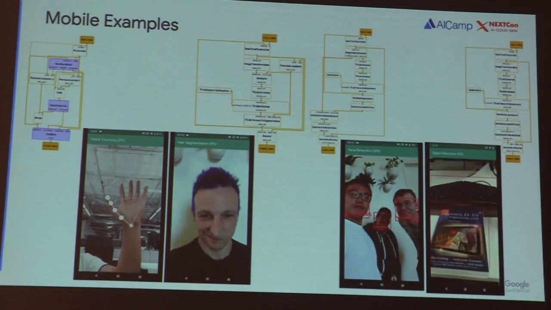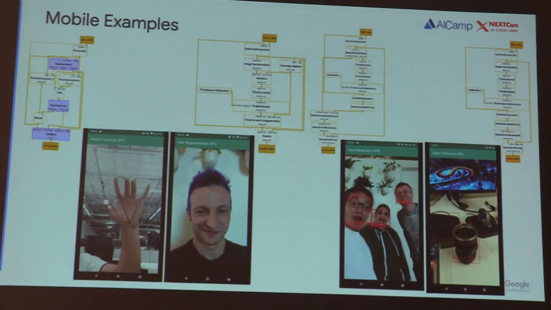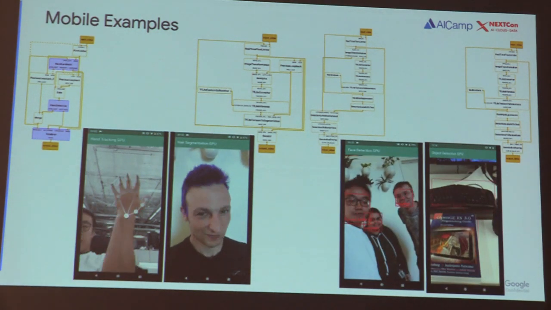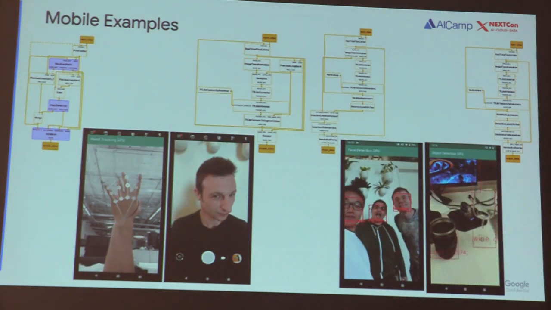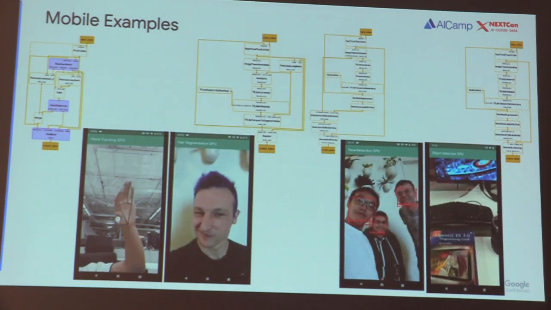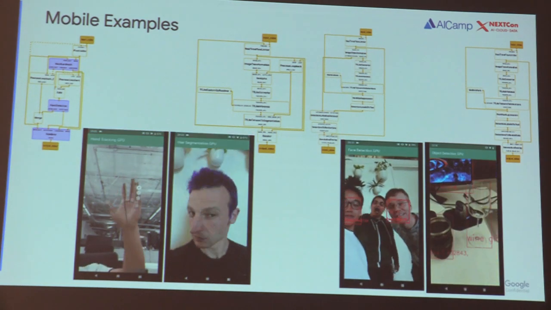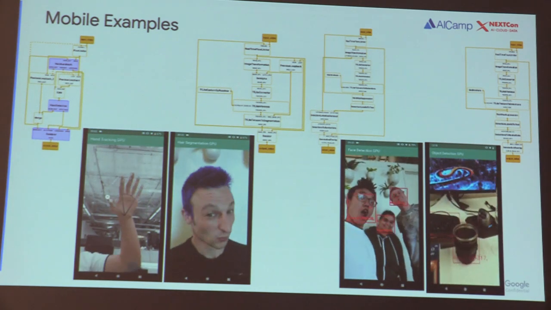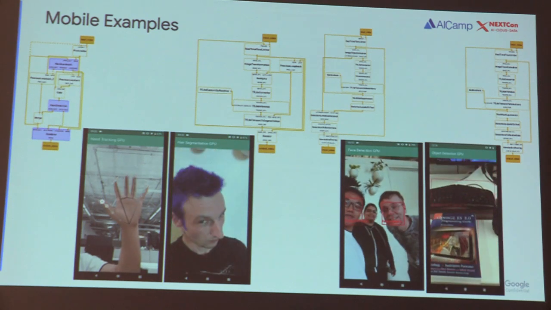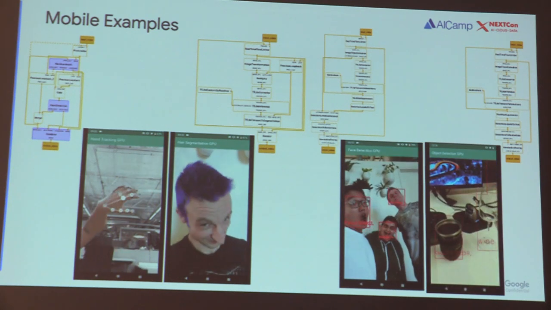If you go to the repository, you'll find several examples, maybe about 10 or 20. There are a lot of them that are graphs written specifically to run on a mobile device. Some of them are designed specifically to run on desktop instead.